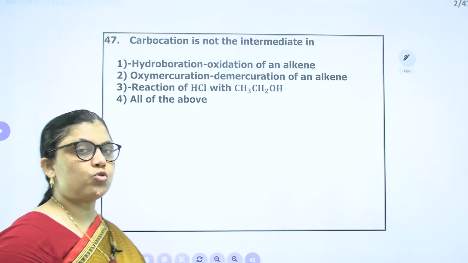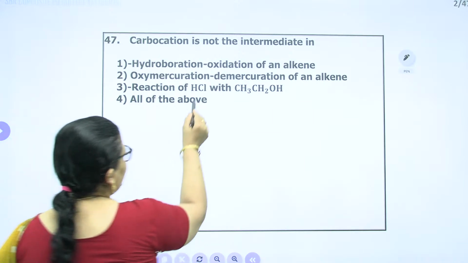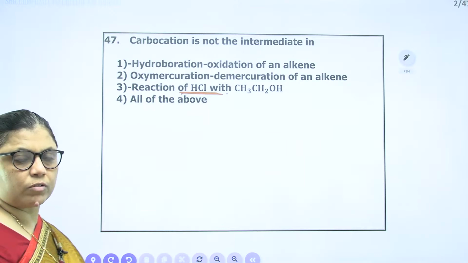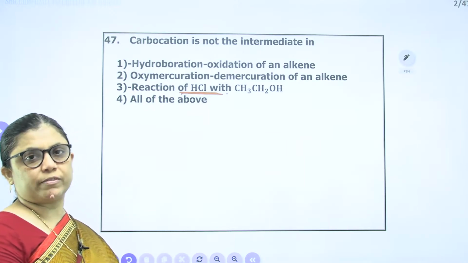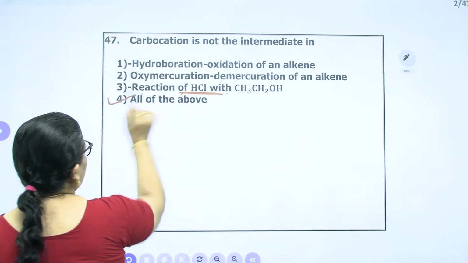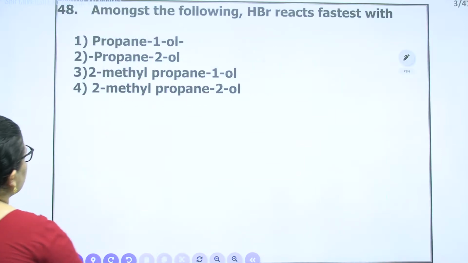Oxygen carrying positive charge is called an oxonium ion. Whereas in the case of HCl, they did not mention dry HCl, concentrated HCl or dilute HCl. Therefore, in all the cases, no carbocation is obtained. Therefore, the answer is the fourth option.